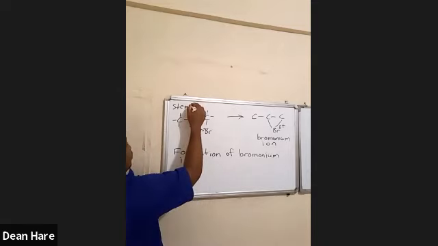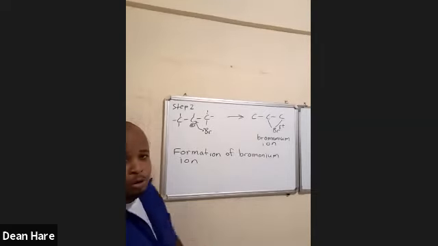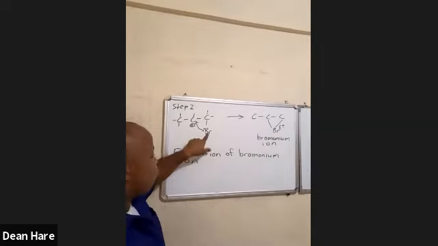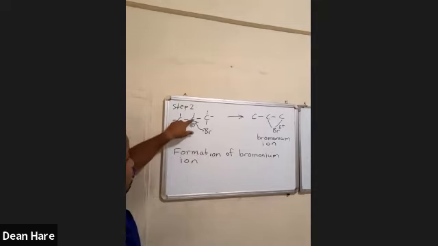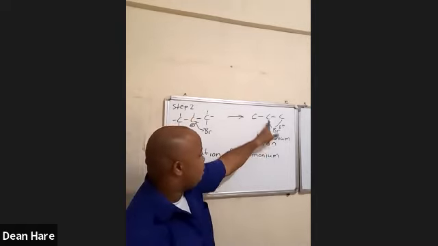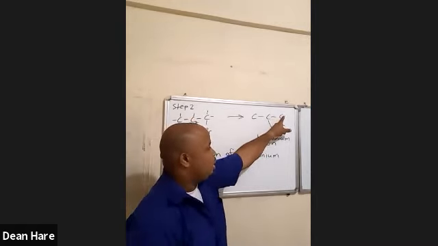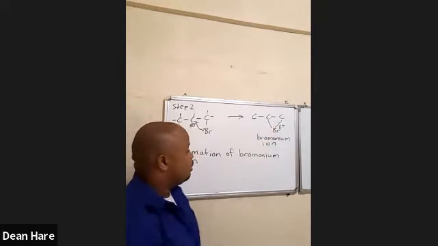So in step 2, we have what we call a bromonium ion, and that occurs when this bromine atom forms a bond with the adjacent carbon atom. So at this point, it will be bonded to both of the carbon atoms, and it has a triangular structure, right?